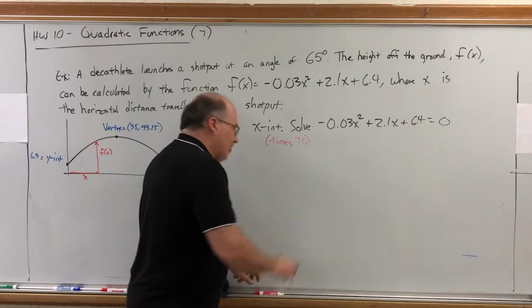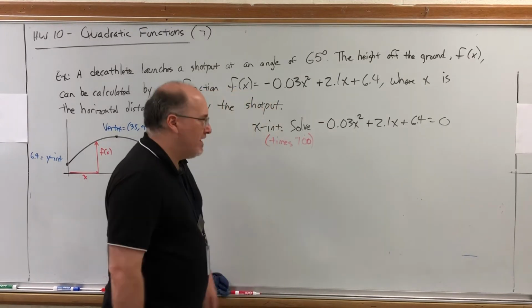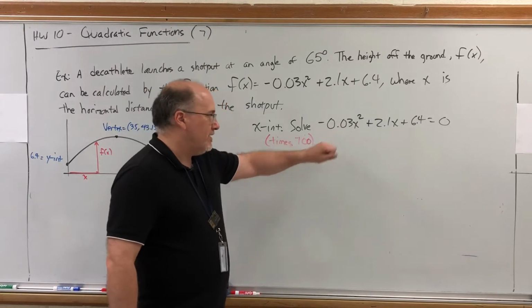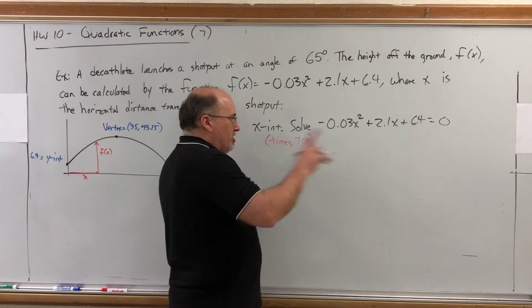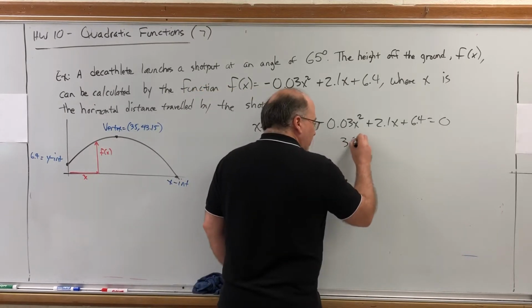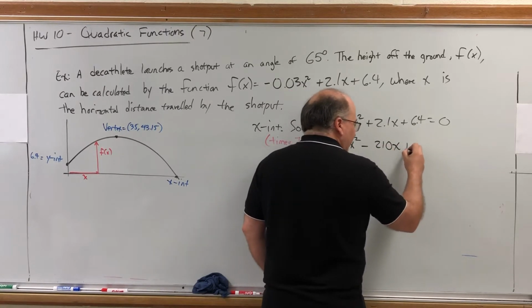But I'm going to make the conscious effort to multiply everything by negative 100 to fix the things that I don't like. That'll fix this leading negative, and that'll kill all the decimals. So change all the signs and move the decimal 2 places to the right. 3x squared minus 210x plus 640.